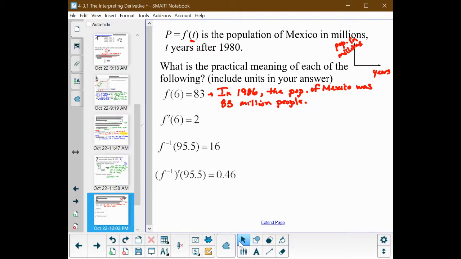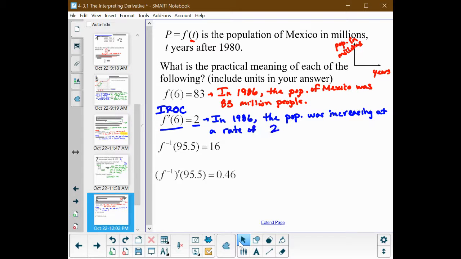For the next one, f prime of 6, this is the instantaneous rate of change. It's the derivative. So we need to make sure we're writing this as a rate. f prime of 6 equals 2. Well, we're looking at this again in 1986. And now the 2 has to be our rate. So in 1986, the population was increasing at a rate of, and the 2, if we remember Leibniz notation with our units, is units for y over units for x.